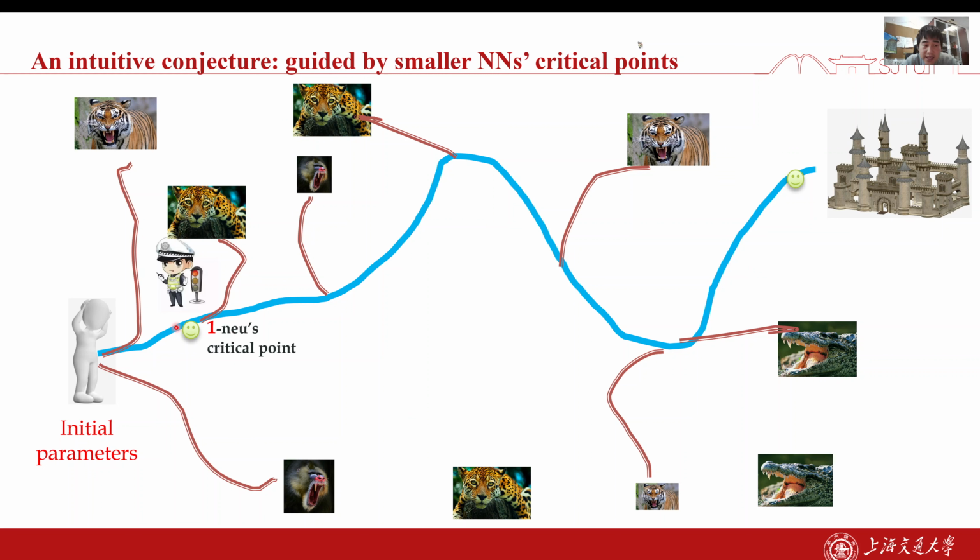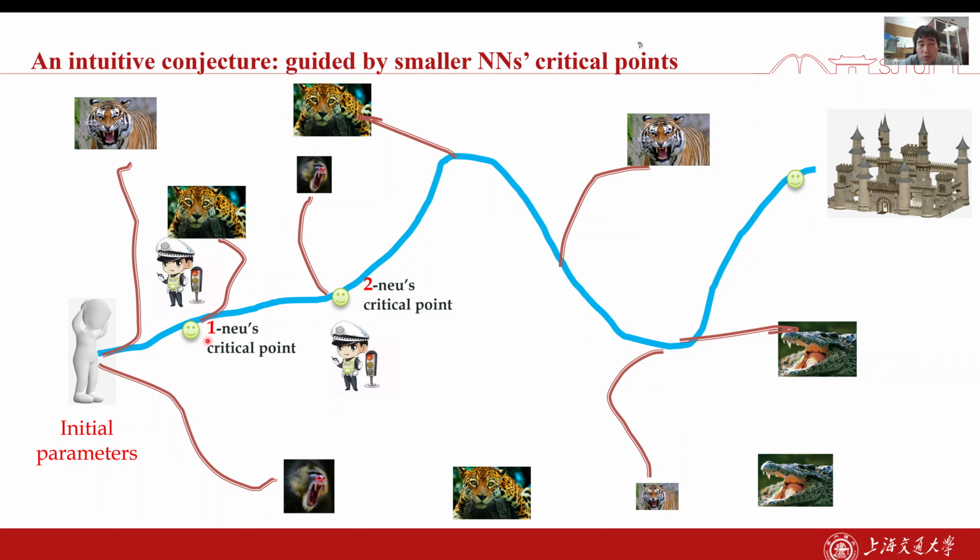In this station, the network expresses a simple function, but it's not enough to fit your data points. So you go to a second station, the critical point of a network of two neurons, and the complexity slightly increases and the loss decreases.